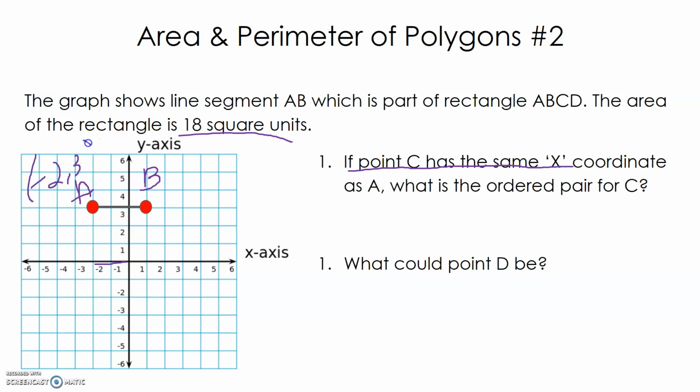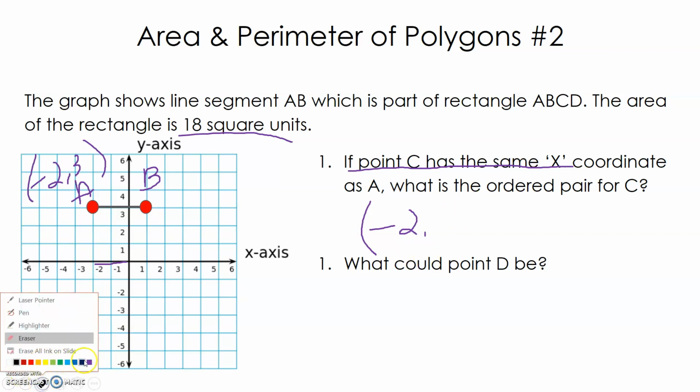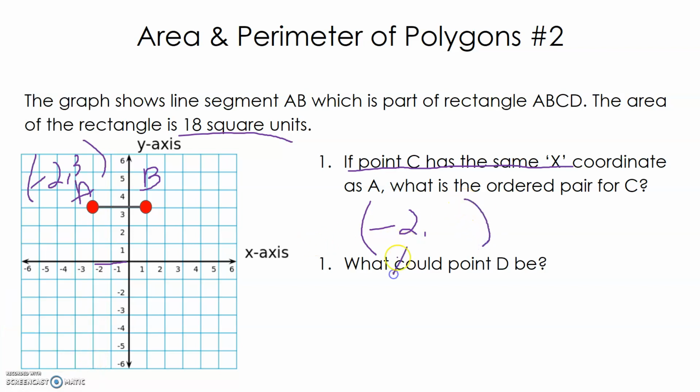Number 1 did say that C has the same x value, so it's got to be -2 and something for our y. I will figure out my y by looking at the distance from the axes. We found x, now we're looking for y.